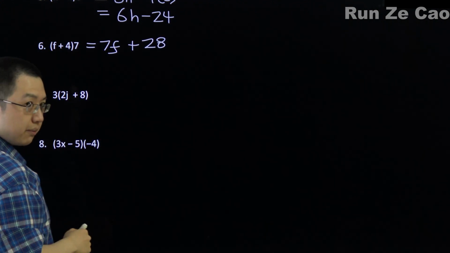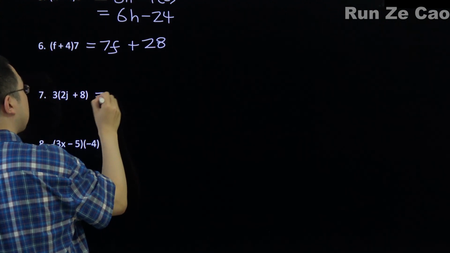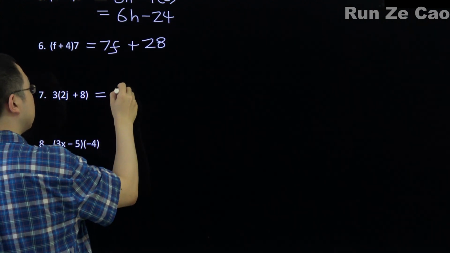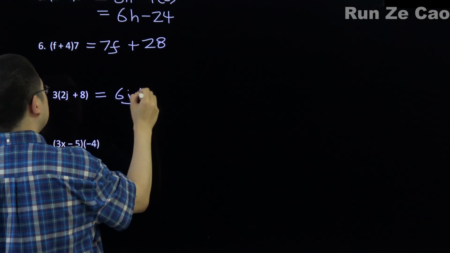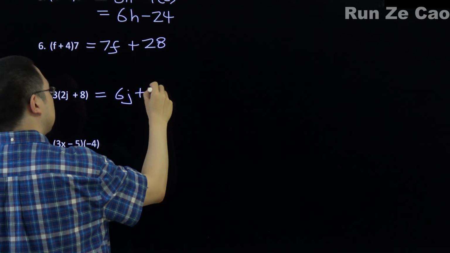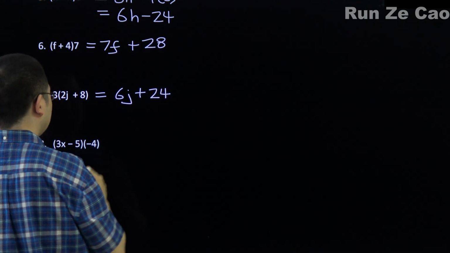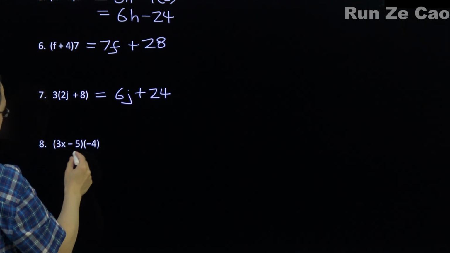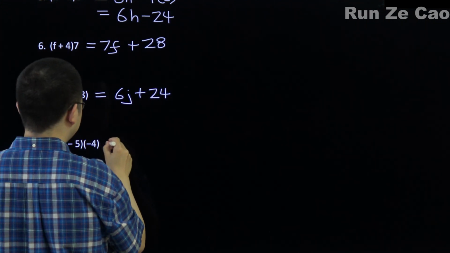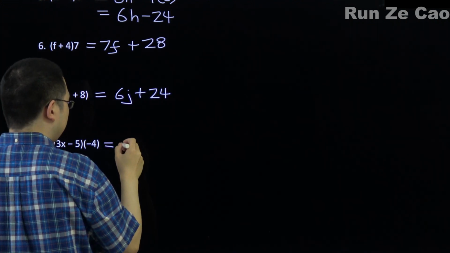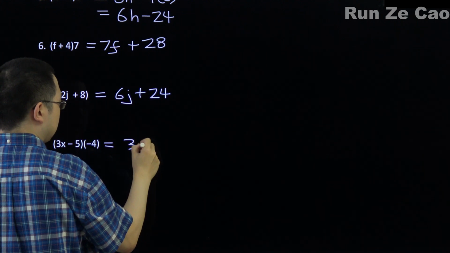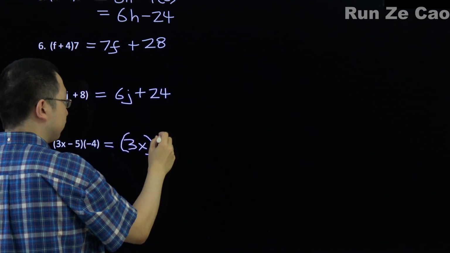3 times (2j plus 8). Well, what's 3 times 2j? Oh, it's 6j. Plus 3 times 8. Well, that's 24. (3x minus 5) times -4. Well, what's 3x times -4? So say, if you wanted to write it all out, feel free.